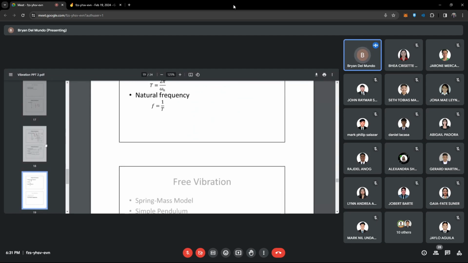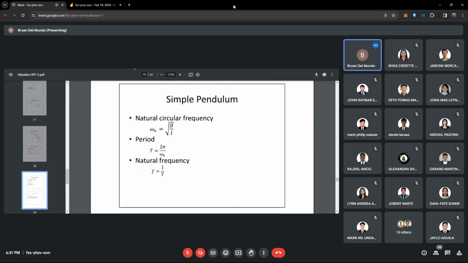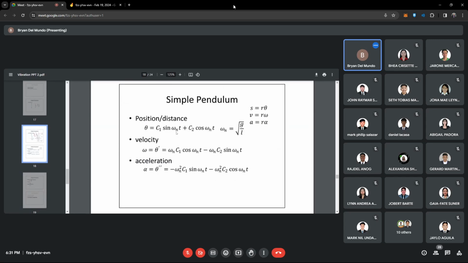So you can easily understand this one dun sa ating sample problem. Okay, let's try to solve.